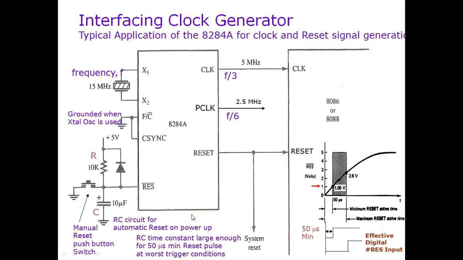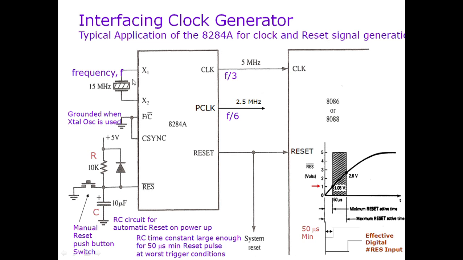This is the block diagram of the 8284A clock generator. X1 and X2 are the two inputs to an internal crystal oscillator, and that internal crystal oscillator is connected through these two pins with an external crystal which generates a signal, normally a 15 megahertz signal.